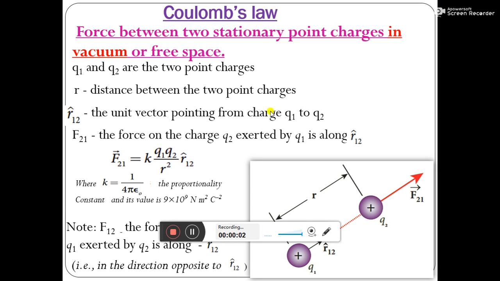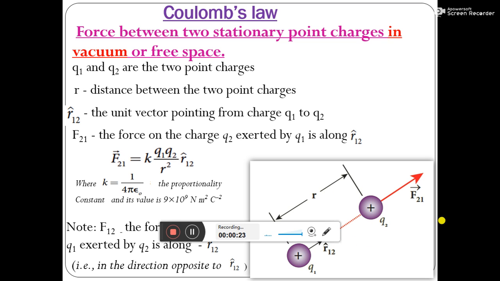Coulomb's law: force between two point charges kept in vacuum or free space can be obtained with the help of Coulomb's law. Here in the figure, Q1 and Q2 are the two point charges kept in vacuum or free space.